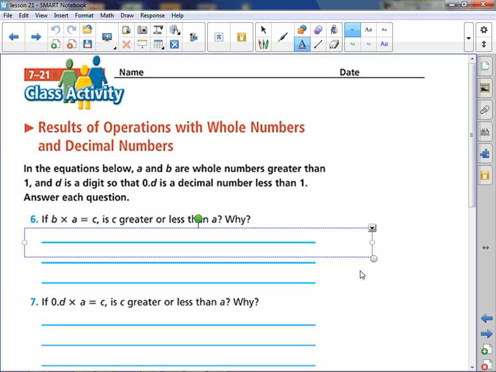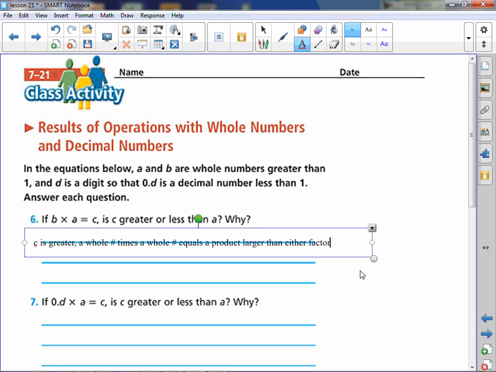Okay, well, it's going to be larger. Okay, C is greater, because a whole number times a whole number equals a product larger than either factor, right?